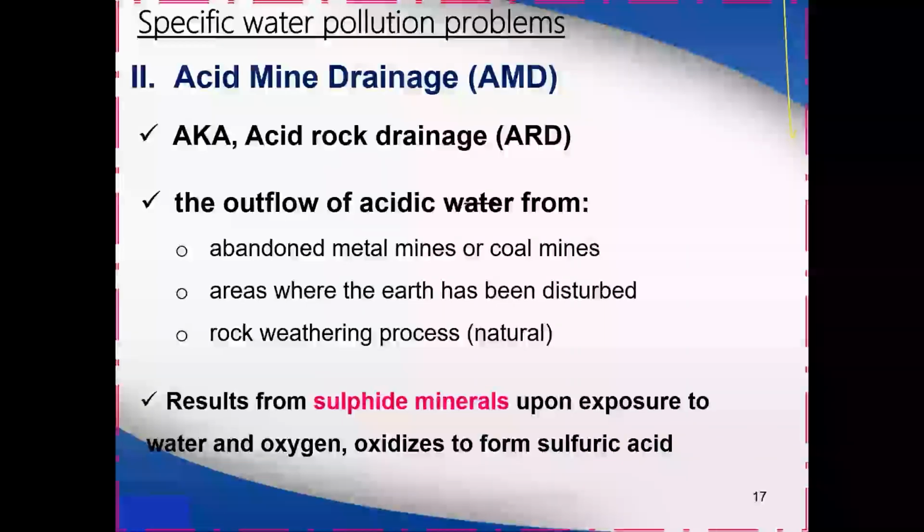I saw this acid mine drainage, red soil. So these are some of the things that can happen in your factory. And acid mine drainage is one thing that we really need to take particular note of because of the devastating effect it has on the water body and the environment.